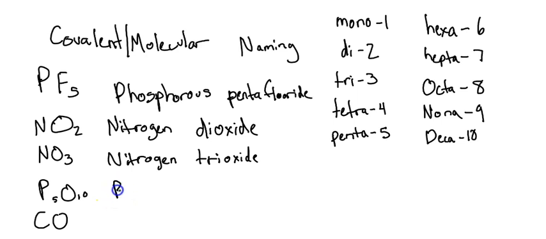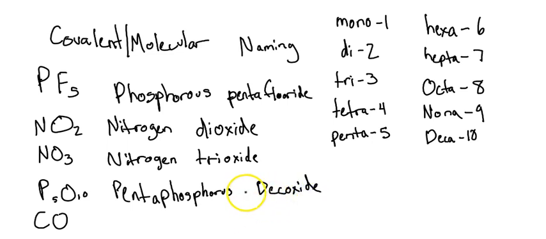So we have penta, phosphorus, decoxide. And if we have an element in our compound here that begins with a vowel like oxygen, we aren't going to put deca oxide. We're just going to say decoxide. So we've got pentaphosphorus decoxide.